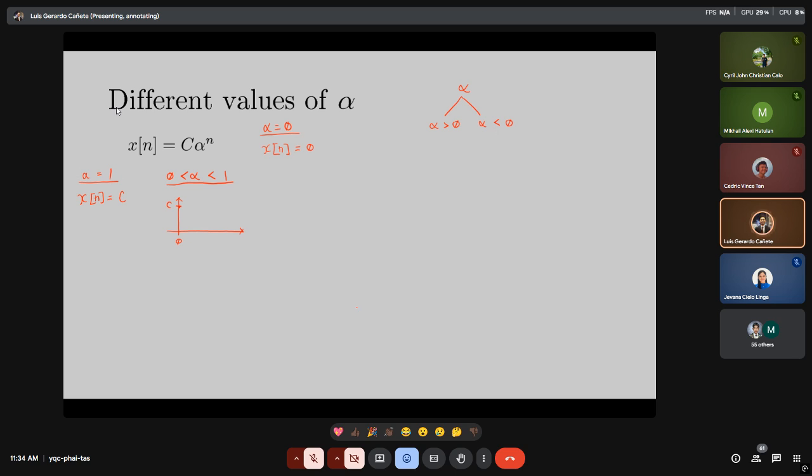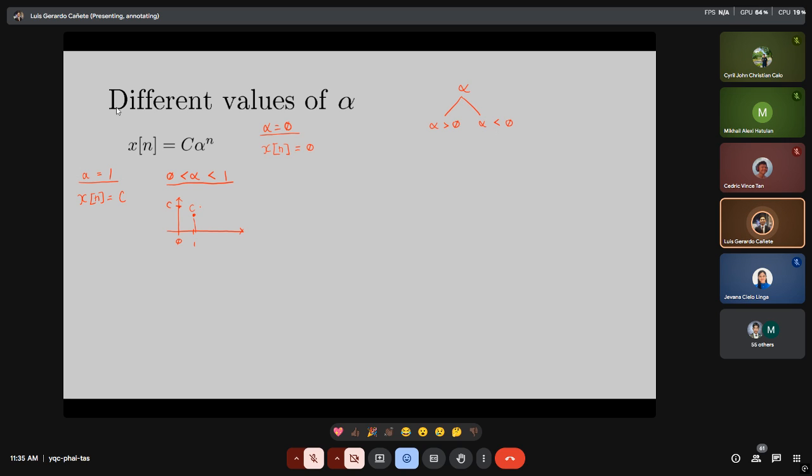But when alpha is between 0 and 1, so it's not 0, it's not 1, but it's somewhere in between, then we can expect that the value at n equal to 1 is going to be less than c, right? Because alpha is less than 1. And if alpha is less than 1, then c multiplied by alpha is going to be less than c. So we can predict that the value here is going to be less than c, right?